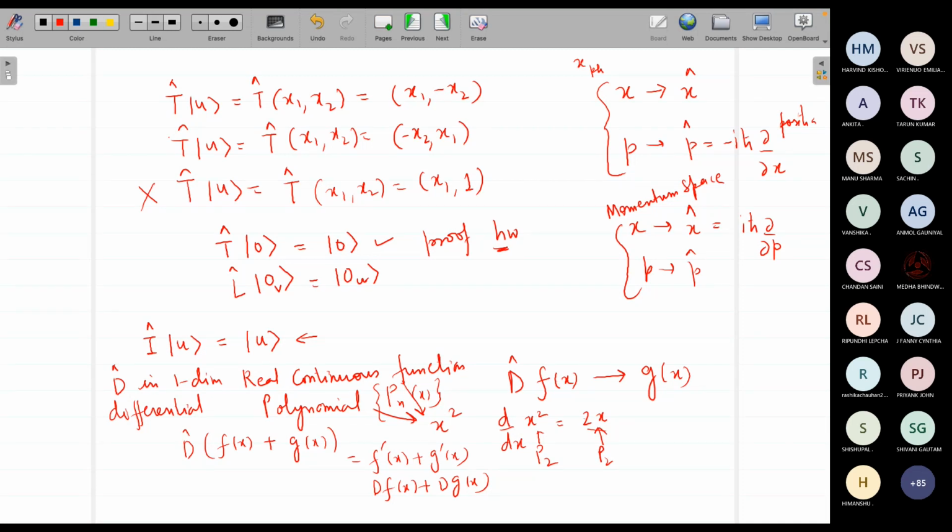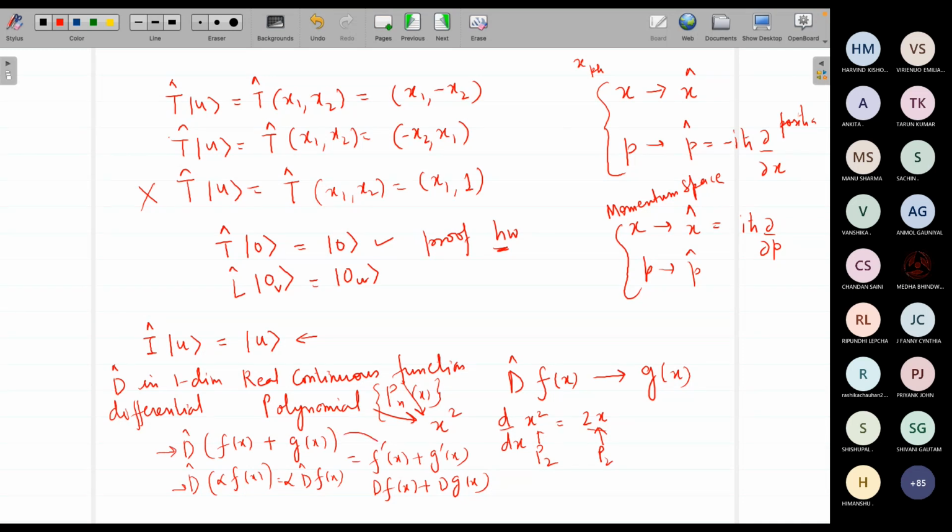That is about the vector spaces, but then you have to check the properties of the operator. If you apply the differential operator on alpha f(x), where alpha is any constant independent of x, can you write this as alpha times d f(x)? So homogeneity will work here, and additivity will work here.